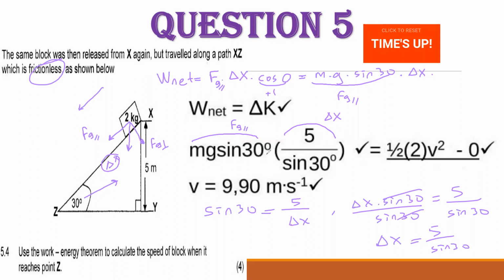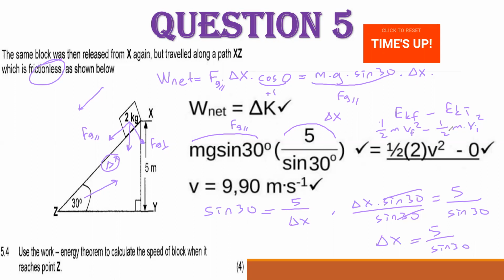So work net equals delta EK. Let's explain delta EK. Delta EK is equal to EK final minus EK initial. The formula is 1 over 2 times m times v square minus 1 over 2 times m times v square. This is v final, this is v initial.